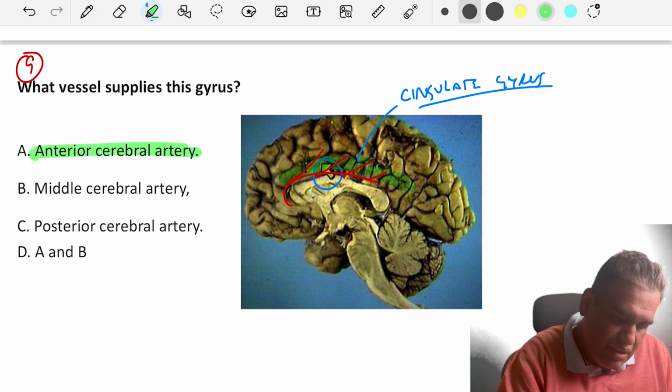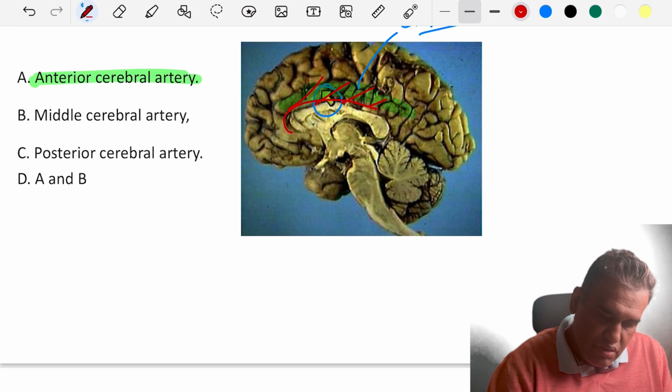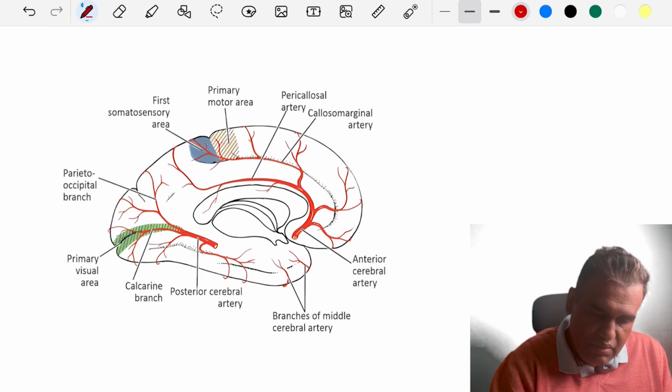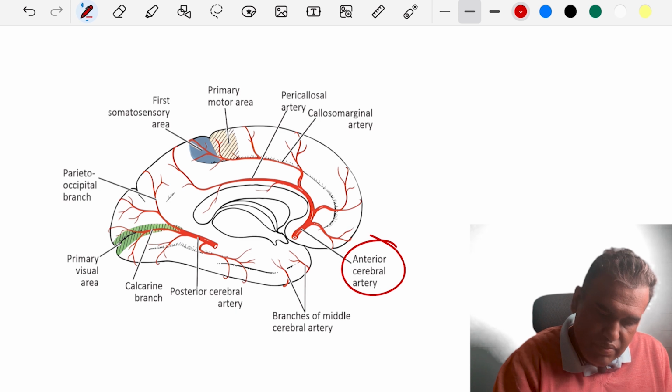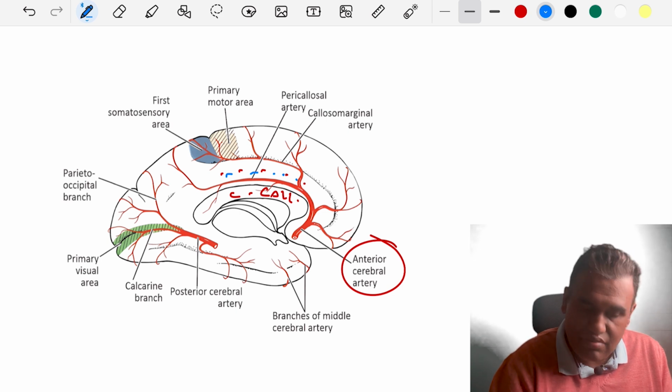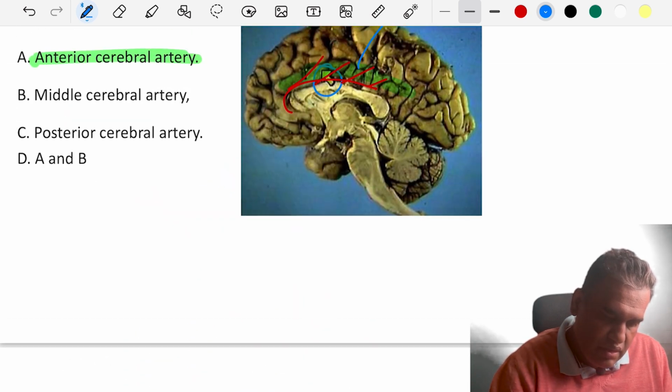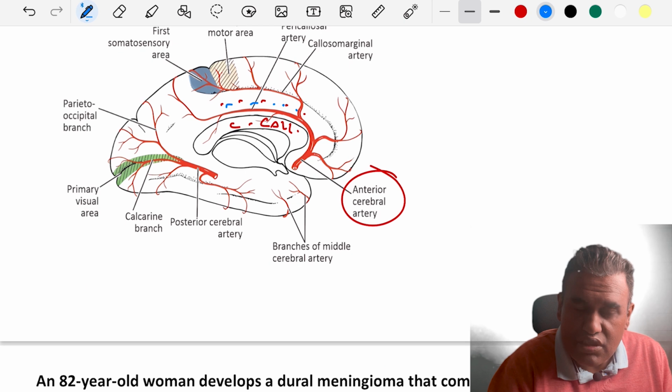Option A is our answer. If you look at this image, though it's a mirror image, you can see this anterior cerebral artery. This is the corpus callosum, and that is the cingulate gyrus over here in the question. Fair enough?